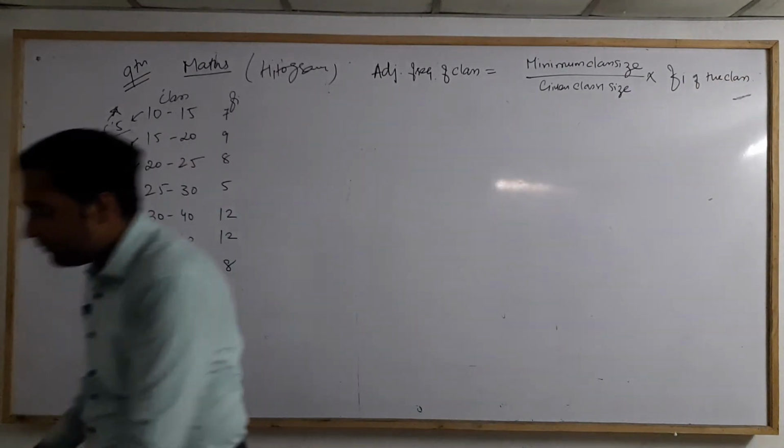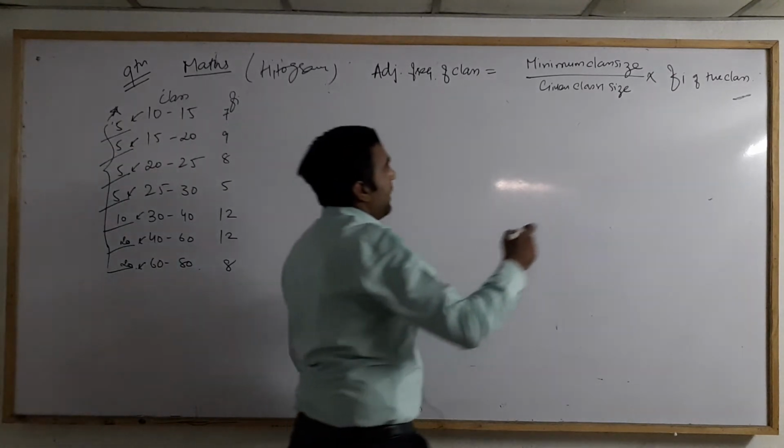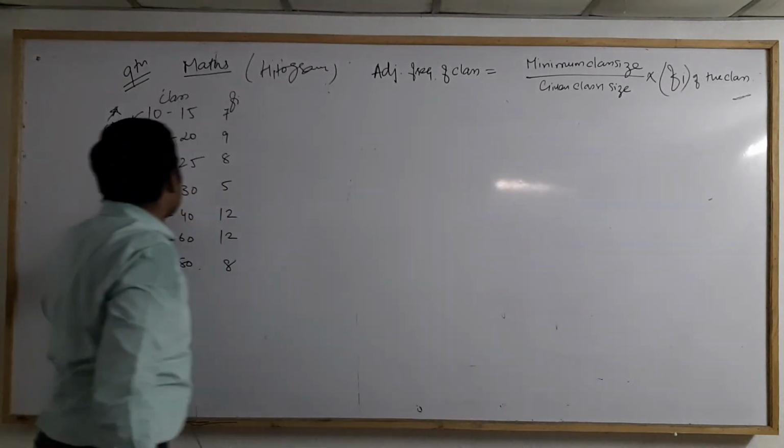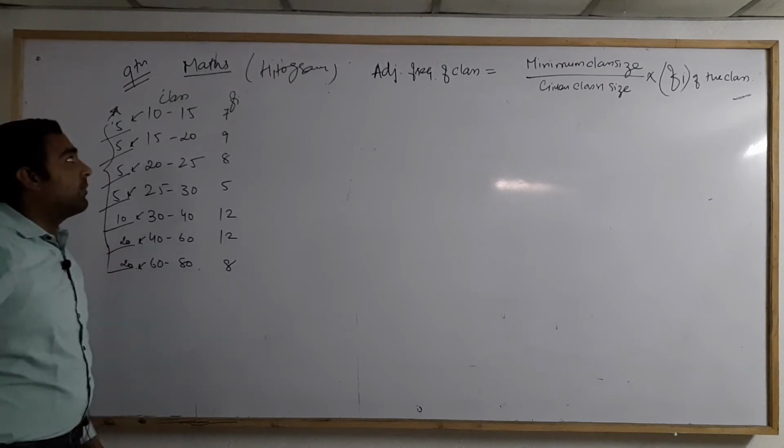This is my formula to represent these different class sizes in the histogram.